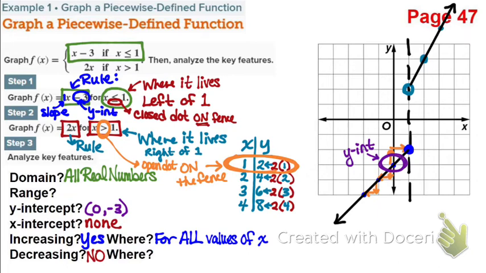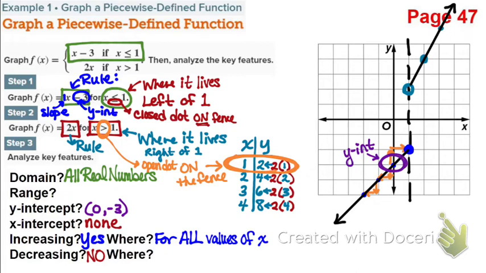For the range, am I still going from the left to the right? No, because that's for my x's. My x-axis goes left and right. I look this way for the domain. Which way would I be scanning this for the range? Up and down. So if I scan this up and down, does my graph exist here? Does my graph exist here? There's a gap. What about up here?